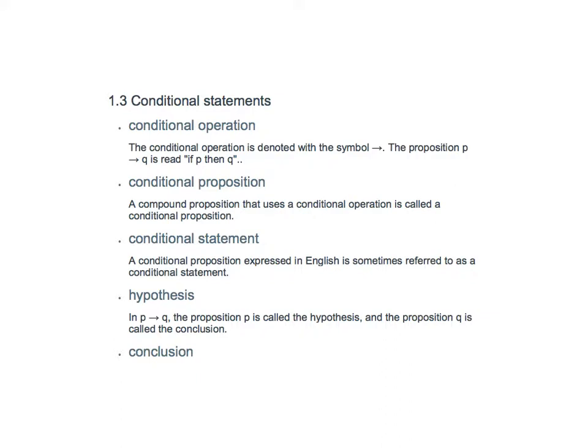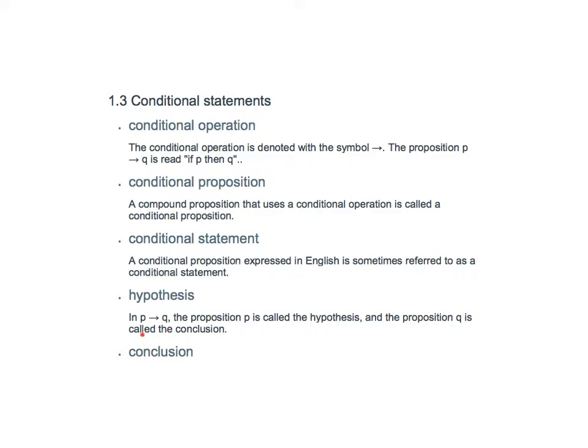Before knowing the truth value of this conditional proposition, we are going to define the elements of this proposition. Sometimes we refer to conditional propositions as conditional statements, but you can use any of them. The first element of a conditional statement is called the hypothesis.